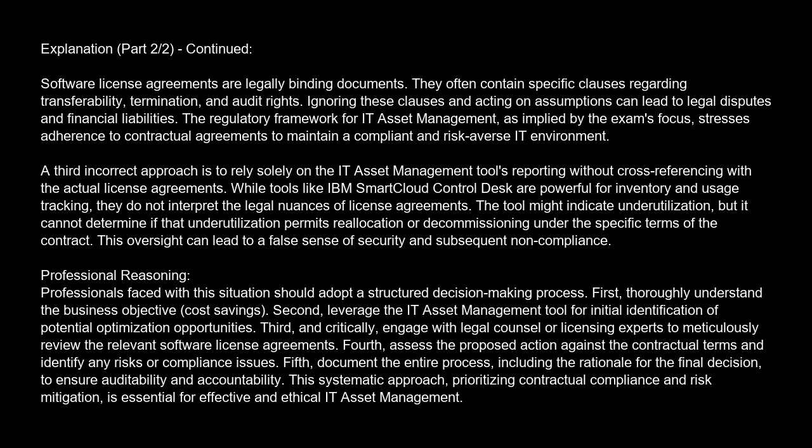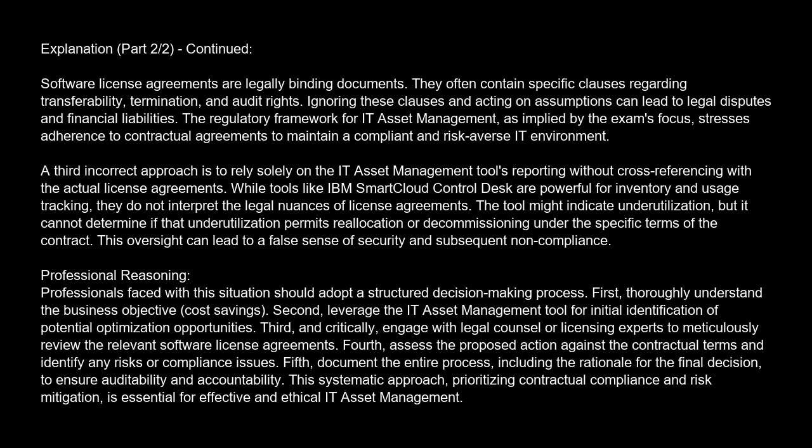Professional reasoning. Professionals faced with this situation should adopt a structured decision-making process. First, thoroughly understand the business objective, cost savings. Second, leverage the IT asset management tool for initial identification of potential optimization opportunities. Third, and critically, engage with legal counsel or licensing experts to meticulously review the relevant software license agreements.